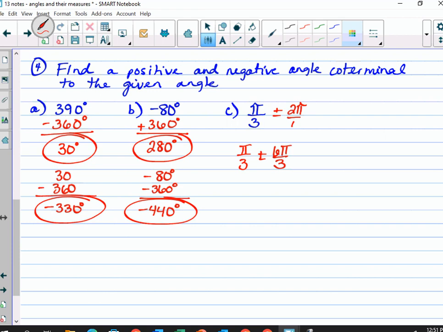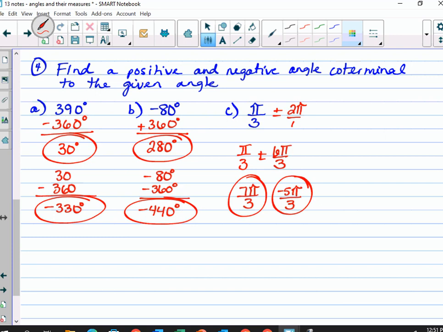Okay, let's add first. What is 1 pi plus 6 pi? So I have 7 pi over 3. That's one answer. And then subtract. What is 1 pi minus 6 pi? Yep, negative 5 pi over 3. I actually think the radian ones are easier.